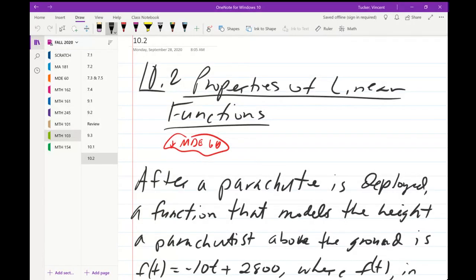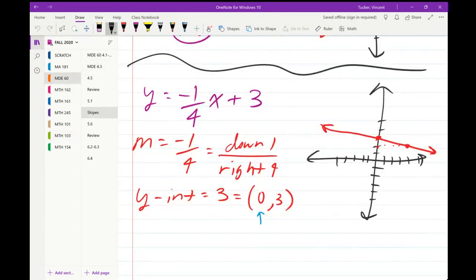So this class we're going to get into 10.2, properties of linear functions. The MD60 is just a part of my notes. I'm about to switch to some other notes, but it's properties of linear functions. What are functions though?